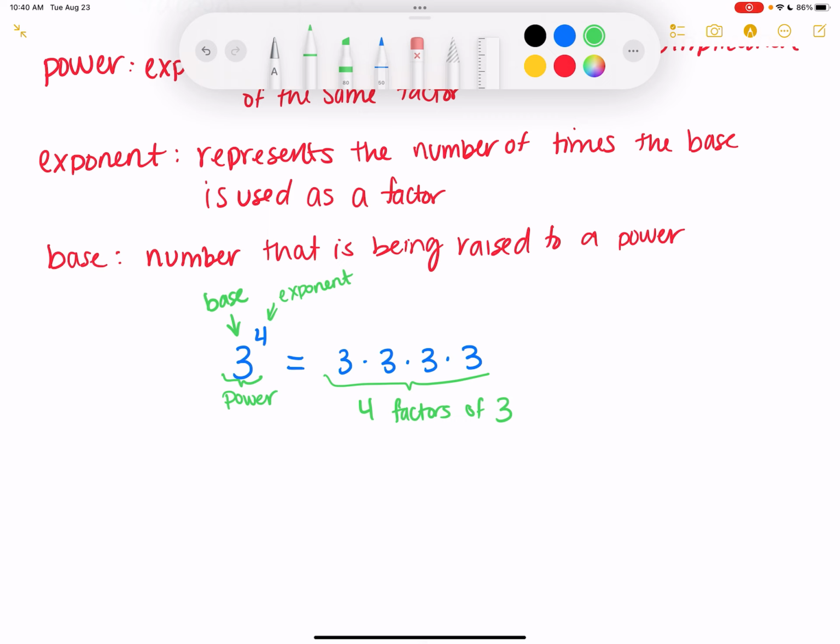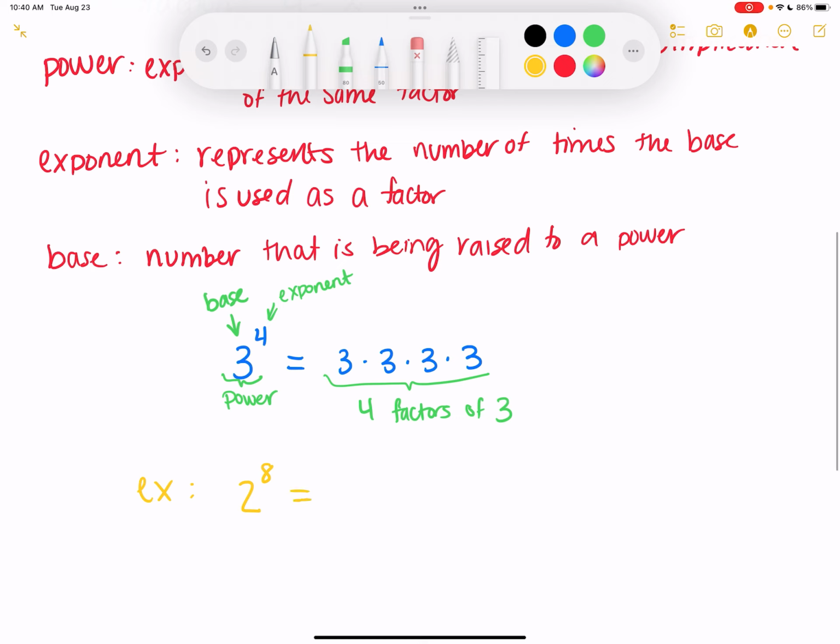So if you had something like 2 raised to the 8, and that's how we'll say it, 2 raised to the 8, or the 8th power, because that's another way you can say it.